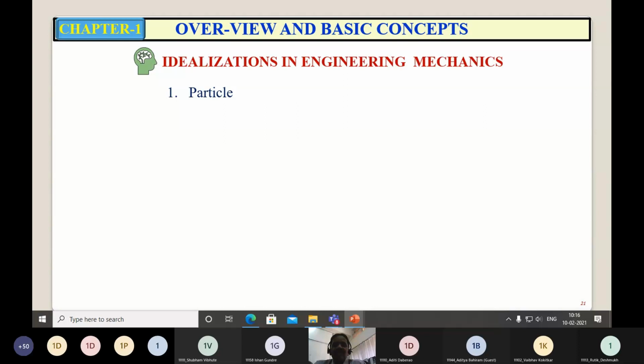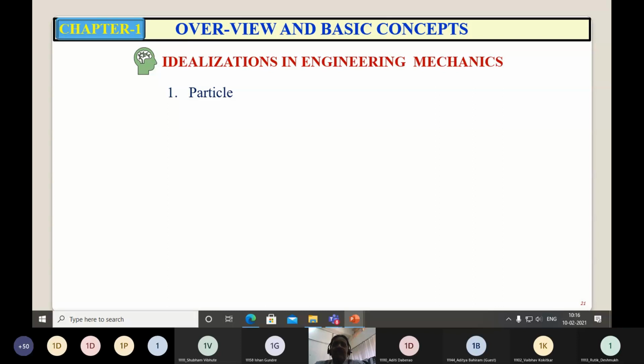See, the point has location, but no dimensions. Similarly, a particle has mass, but no dimensions. In engineering, we can consider any body as a particle if the dimensions of that body are so small that they can be neglected. Are you getting my point?